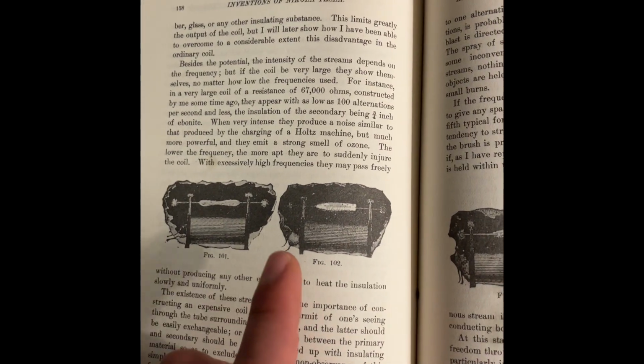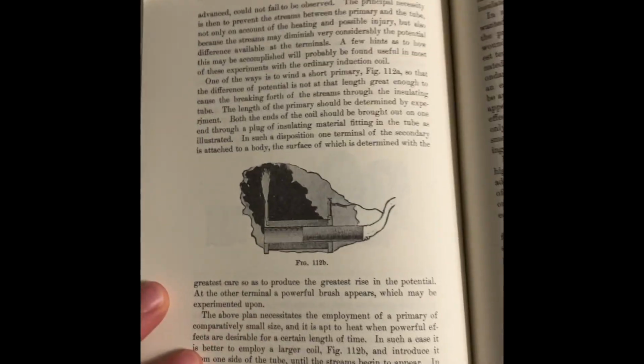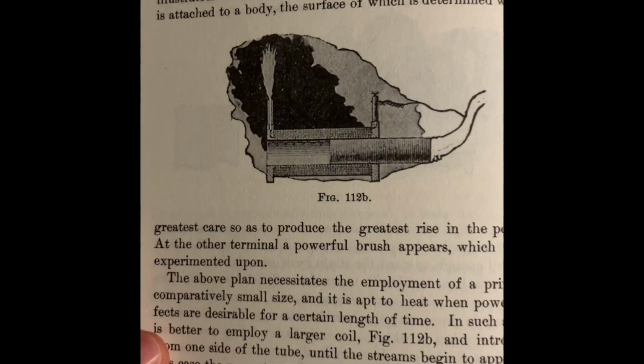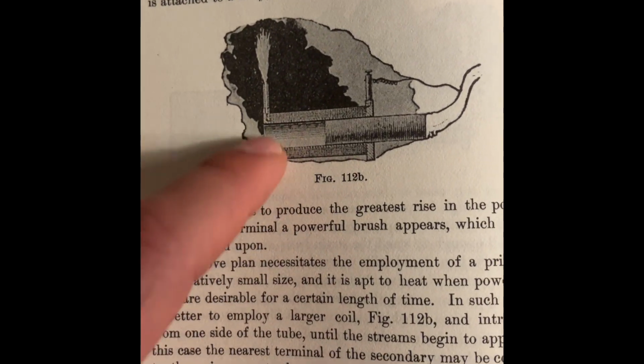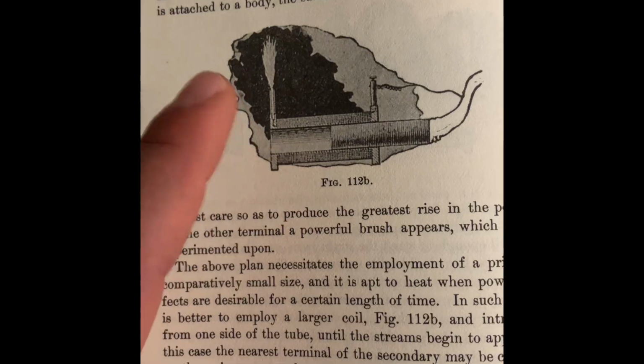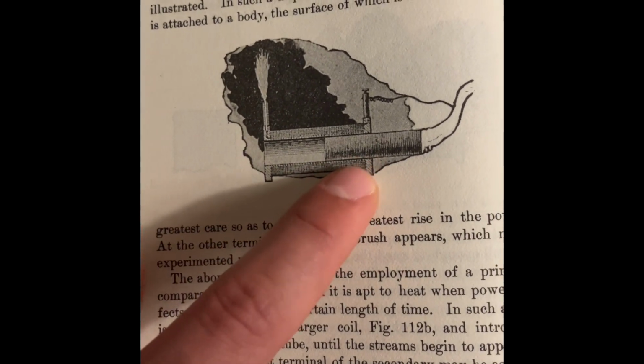So the way we can understand what this is, if you go to page, I got it marked here, page 170, he shows what's going on here. So the outer part of the cylinder is a secondary coil with many turns of thin wire.